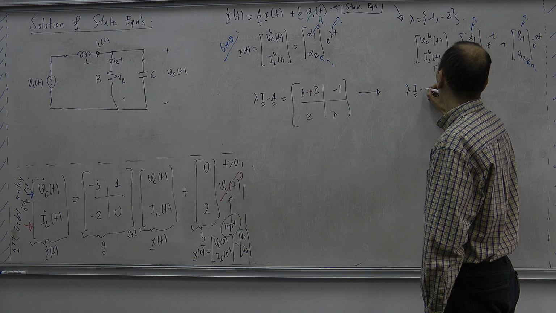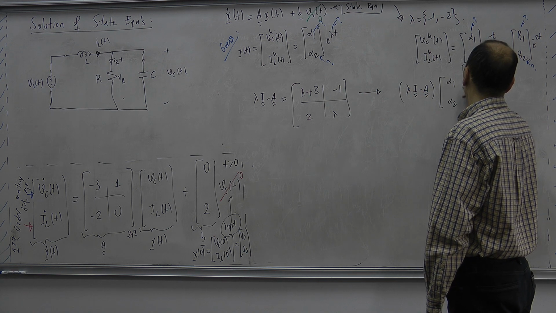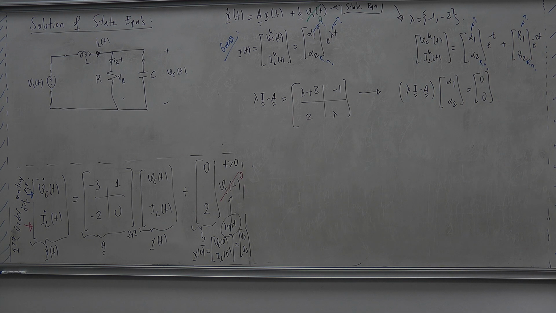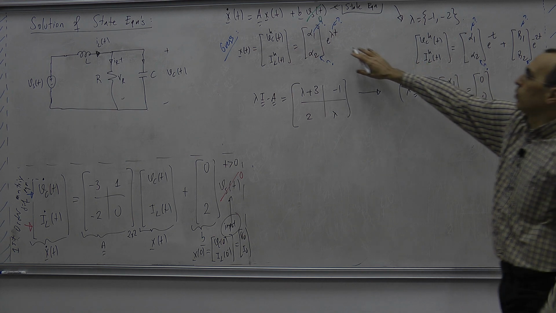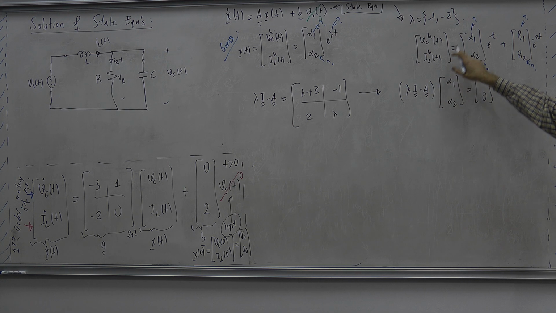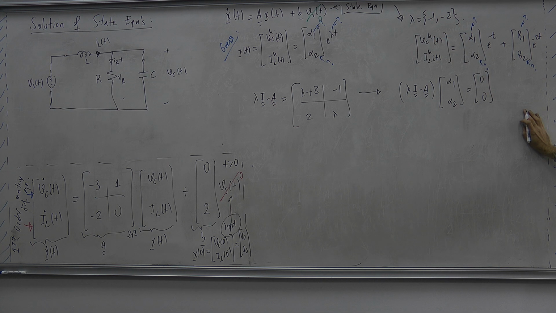Lambda I minus A times alpha 1, alpha 2 is equal to 0, 0. So this is from my guess. So case number 1, if this is invertible, trivial solution. If this is not invertible, and non-invertibility leads to these specific values of lambda, then for those I have another solution possibility.